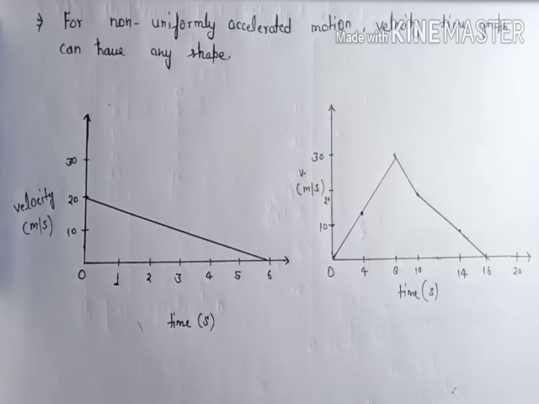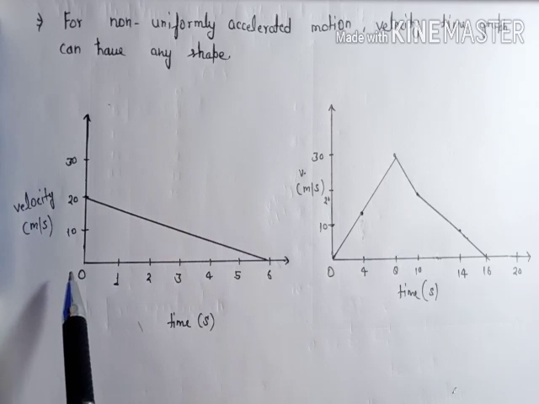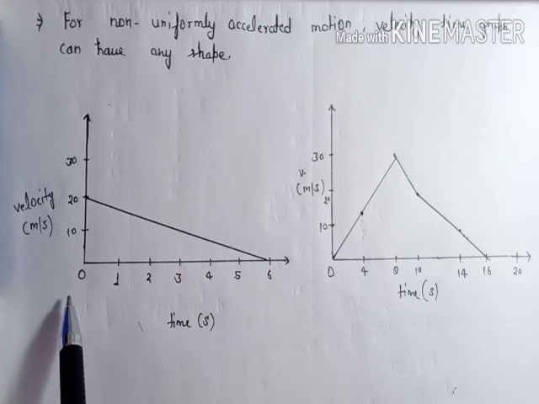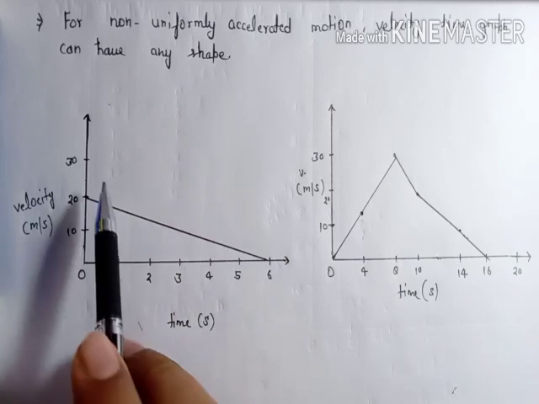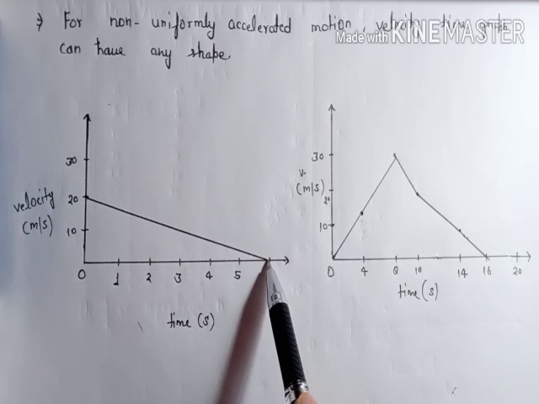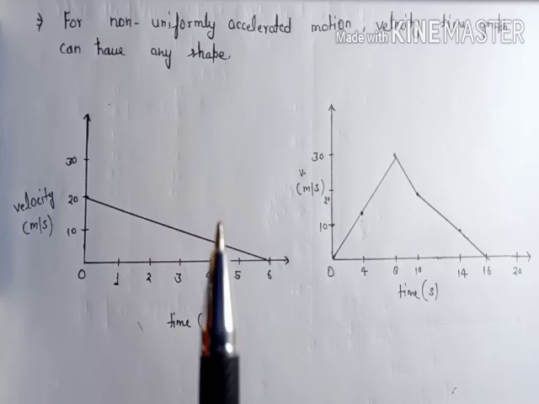Now let's understand the meaning of these graphs. You have a graph here of velocity and time, and you can see that at the initial stage when you start your counting, you have the velocity 20 meter per second, and continuously with respect to time velocity is decreasing and eventually it becomes 0. So it is like applying brake in a vehicle.